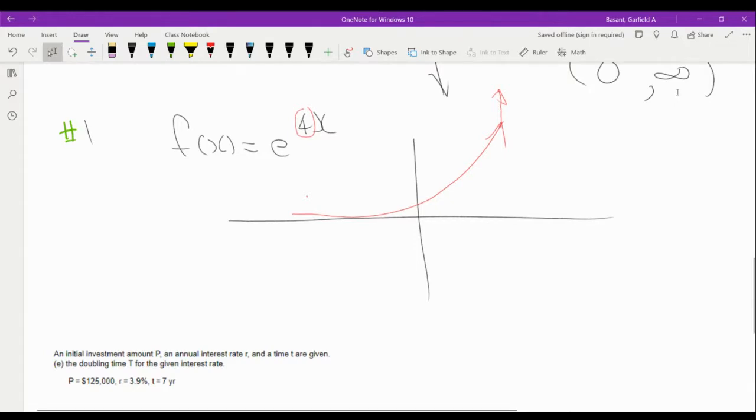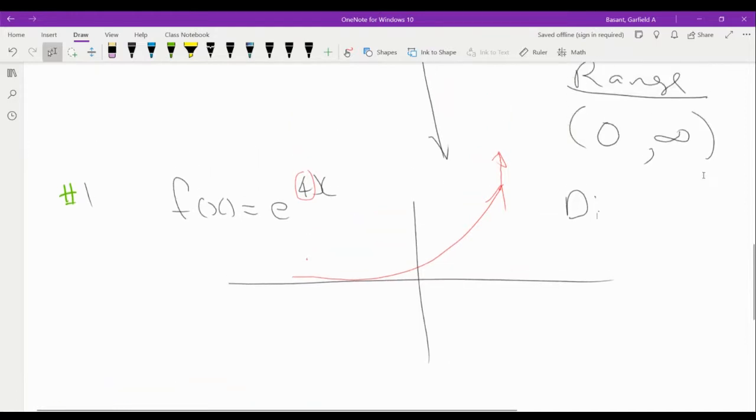Now, this question, apart from asking you which graph it is, they're going to ask us for the domain and the range. So what's the domain for this? Come on, we just talked about this one.